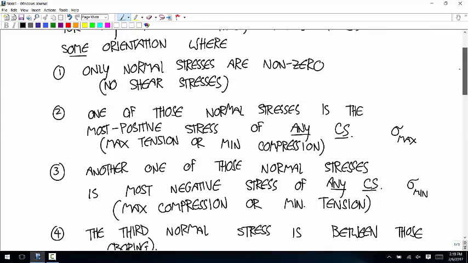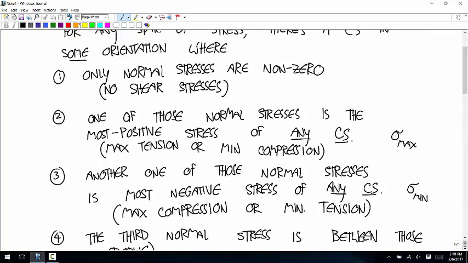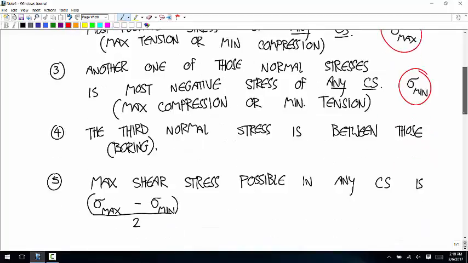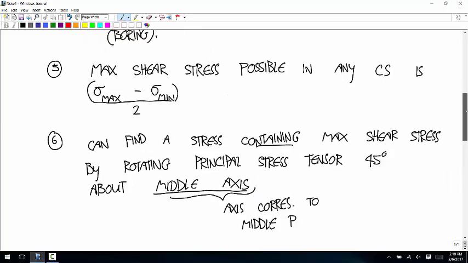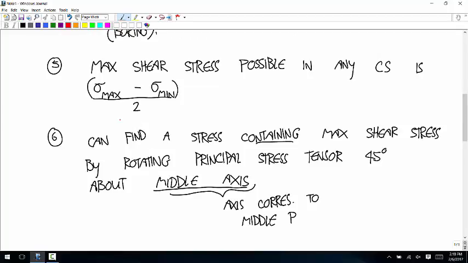Those are the ones that I introduced in number 2 and 3. So the most positive principal stress and the most negative principal stress. And then with this simple formula, you can find the value of the maximum shear stress. And shear stress, you don't care about plus or minus.